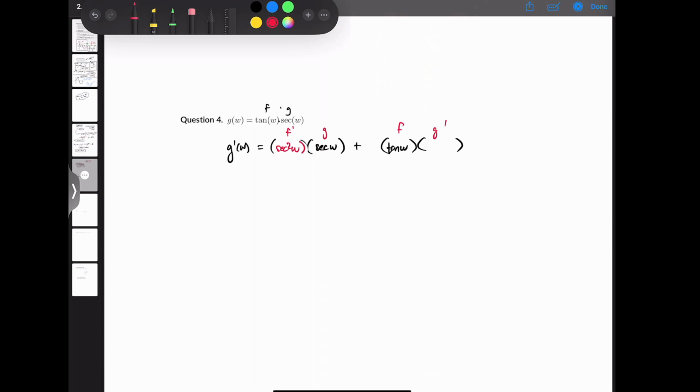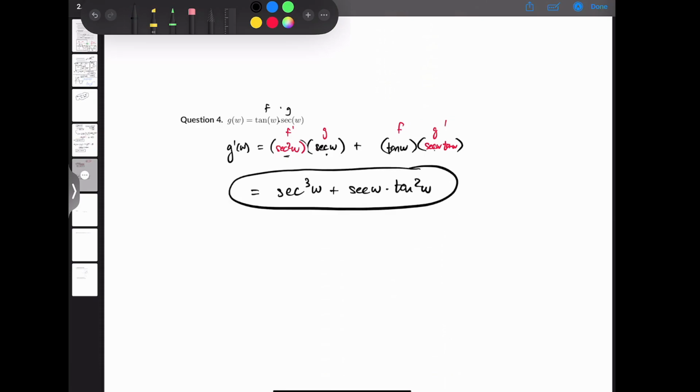And the derivative of secant w is secant w tan w, right? From what we found before. So now we can do a little bit of simplifying here. Secant squared times secant is just really secant cubed w plus secant w times tangent squared w.